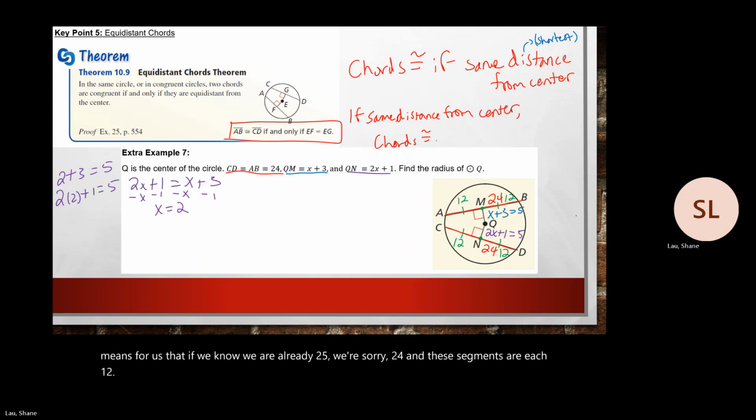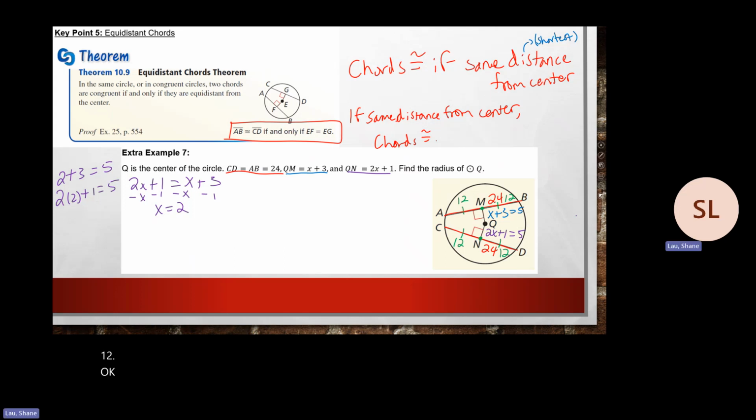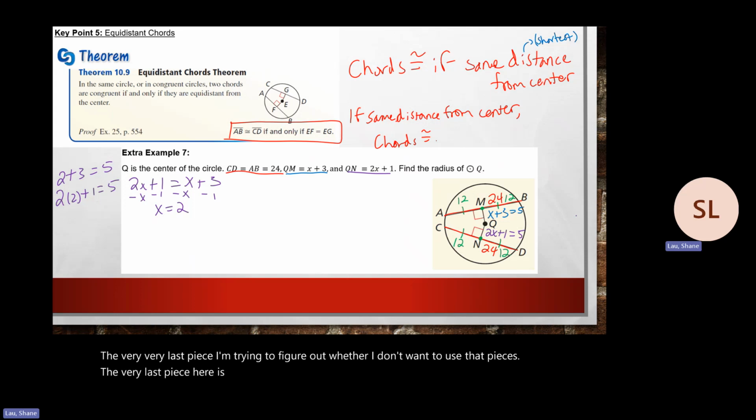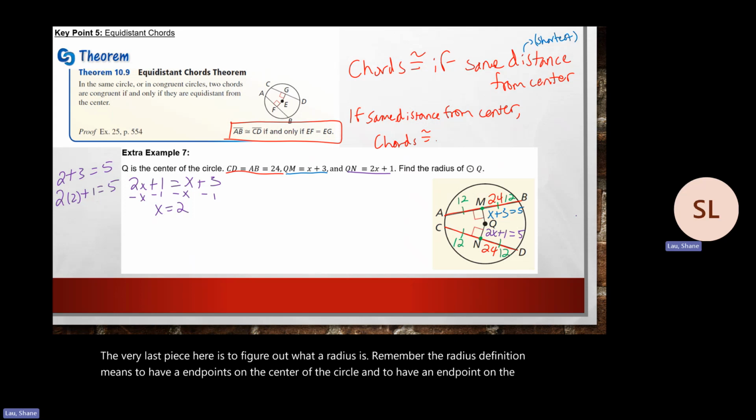And then the very last piece here is to figure out what our radius is. But remember, the radius definition means to have an endpoint on the center of the circle and to have an endpoint on the actual circle itself.